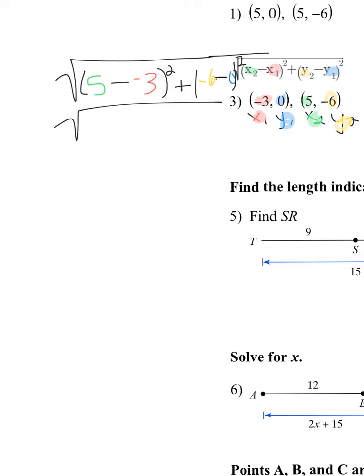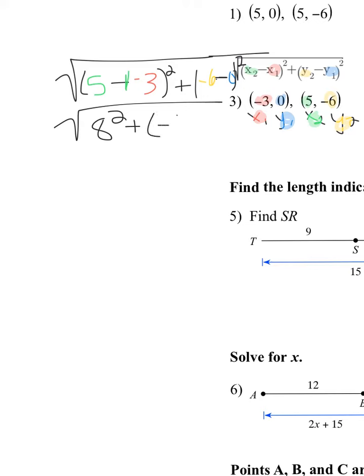All right, and now I'm going to start simplifying. I have 5 minus negative 3. That's going to turn into a positive, because anytime you have two negatives right next to each other, they turn into a positive. So 5 minus negative 3 is 8. So positive 8 squared plus negative 6 minus 0, that's just negative 6.